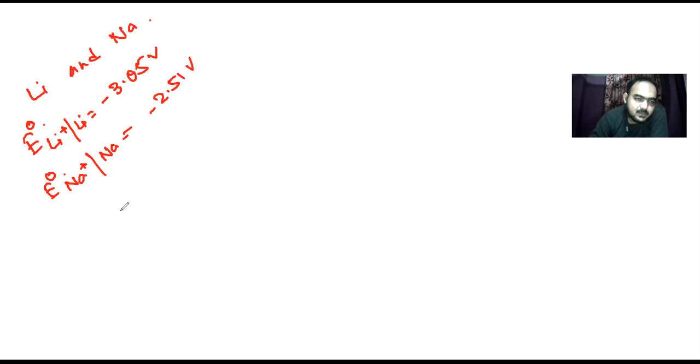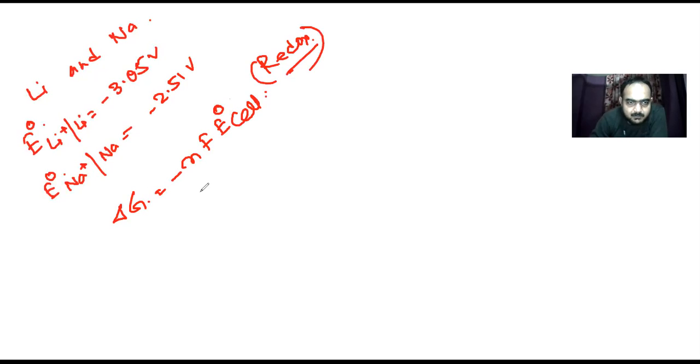Combining the Gibbs equation and the Nernst equation, delta G is equal to minus n F E0 cell, which you will find in electrochemistry.